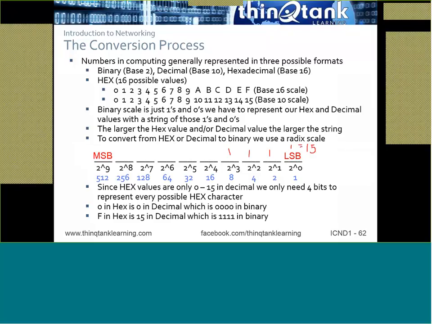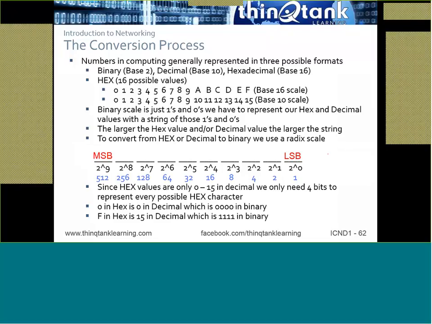It equals 15. I don't need any more bits. So every hexadecimal character is only 4 bits, period. All right? 0 in hex is 0 in decimal, which is 0, 0, 0, 0 in binary. F in hex is 15 in decimal, which is 1, 1, 1, 1 in binary. That make sense?